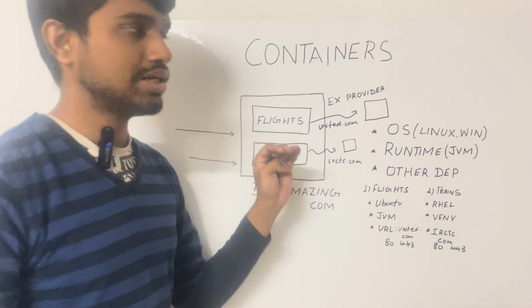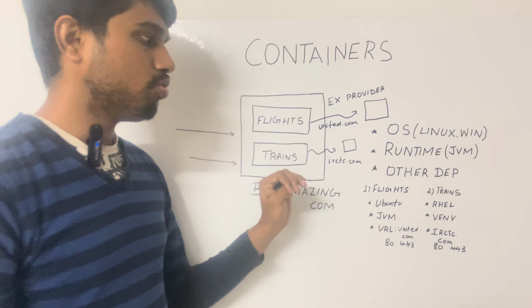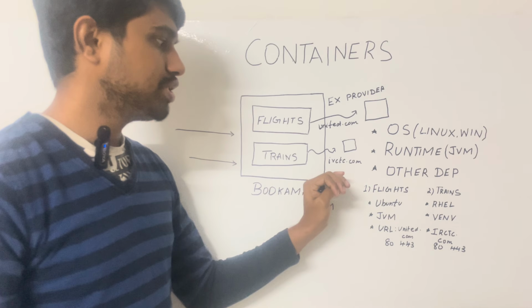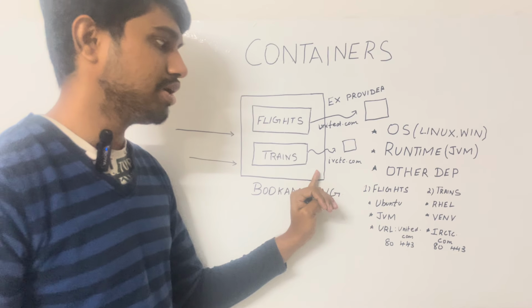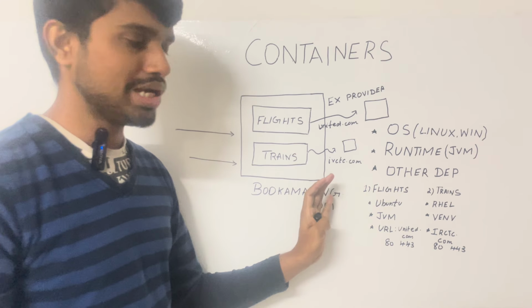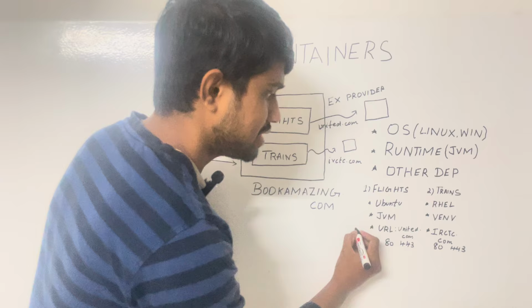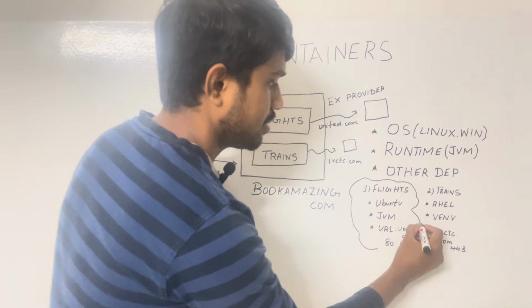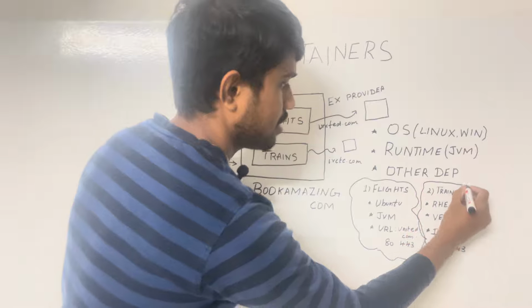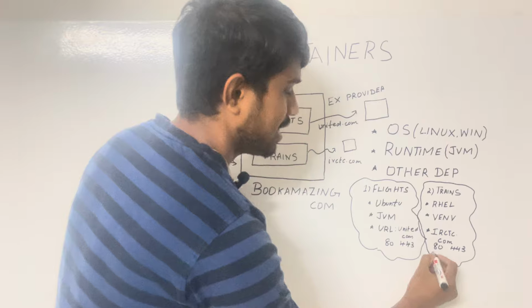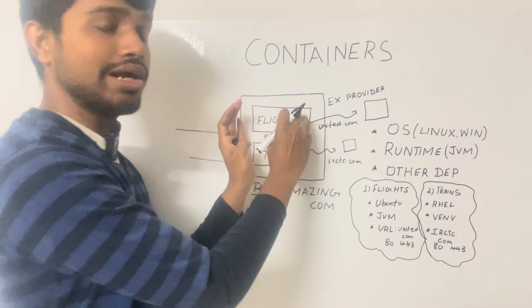So this is where containers come in. What containers do is, instead of going and installing whatever you need in the base computer, you tell me whatever you need, and then I will package it as a package, and then I will run it.